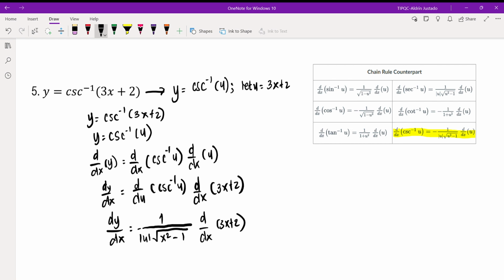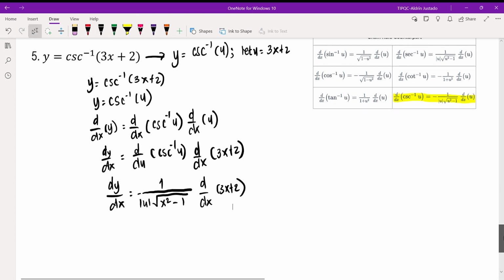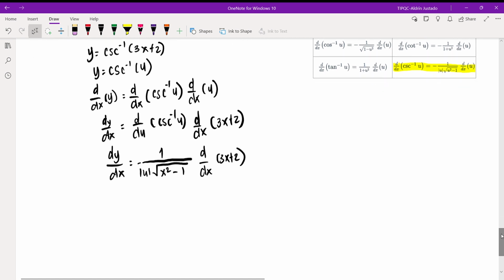Okay? So, dy over dx equal to negative 1.